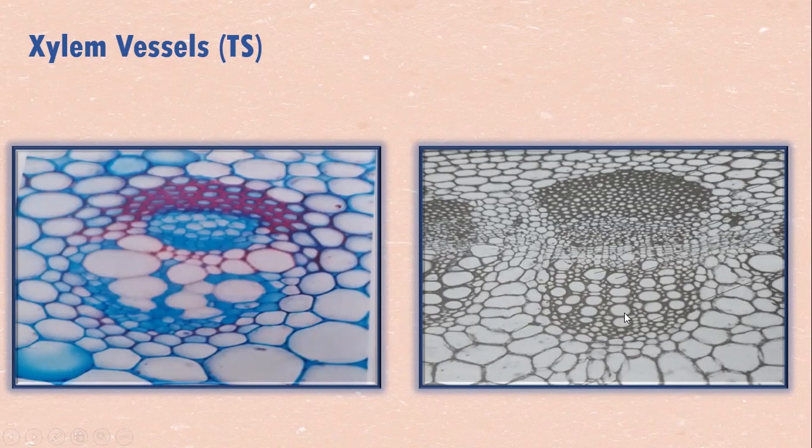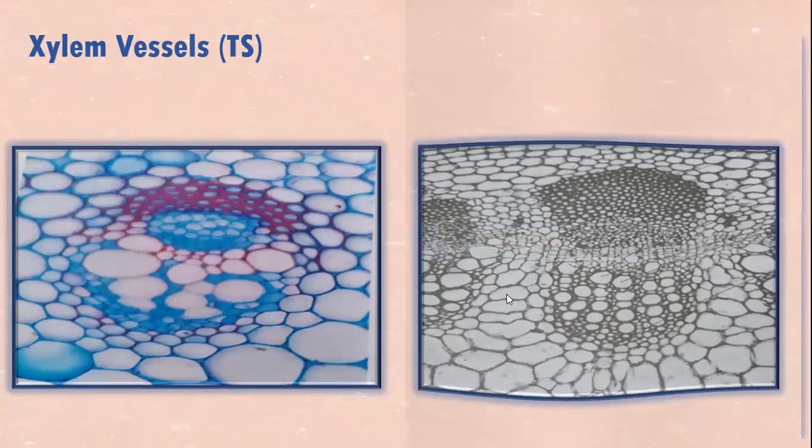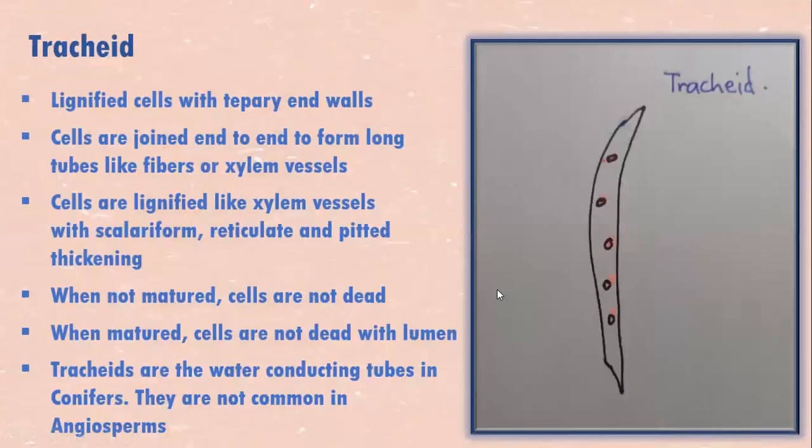Here in this one, all these are xylem vessels. Around are other tissues that together form the xylem. Tracheids, we'll talk about them. We'll come back to this. Remember, we said this is meristematic cambium. Right. Now, let's look at the tracheids.